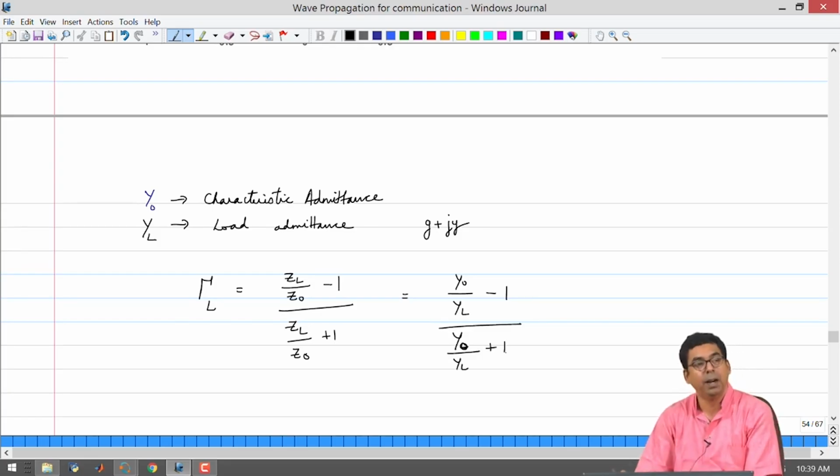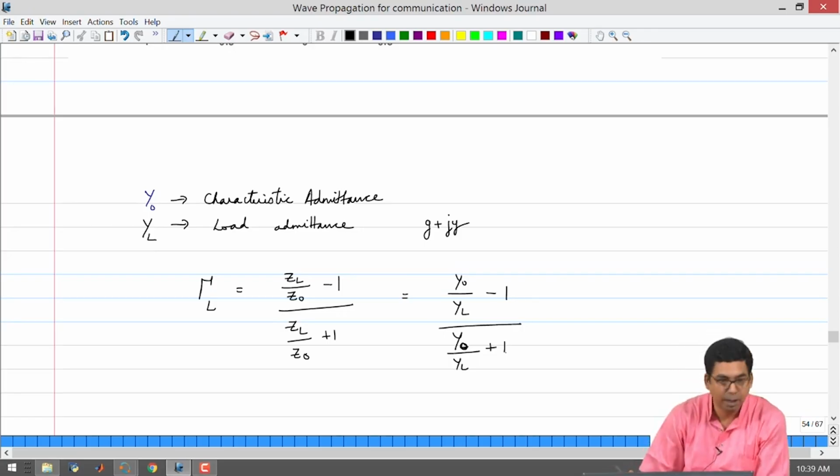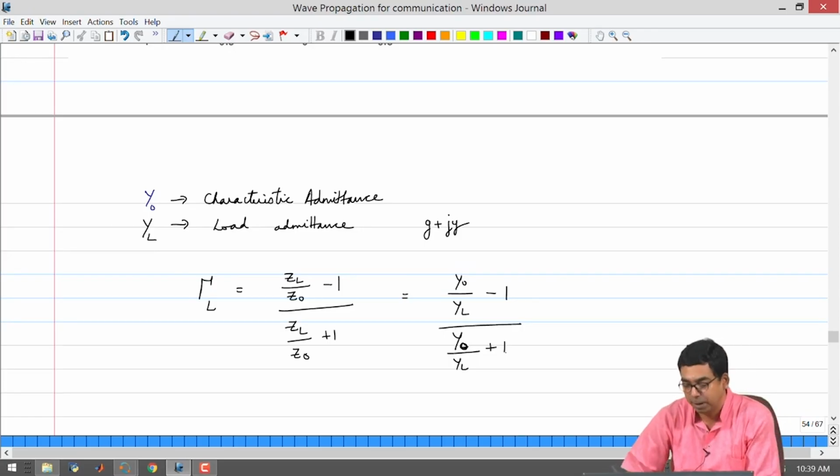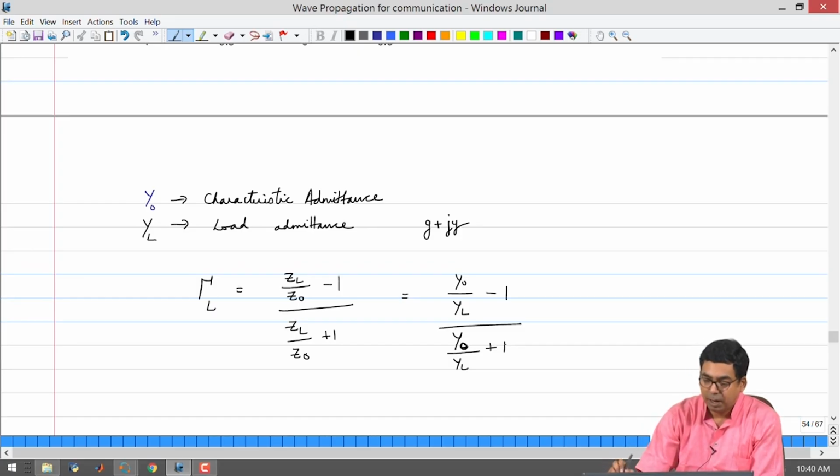This would be the way to calculate the reflection coefficient given the admittances. Okay. So, now I have Y naught by YL minus 1 divided by Y naught by YL plus 1, right.